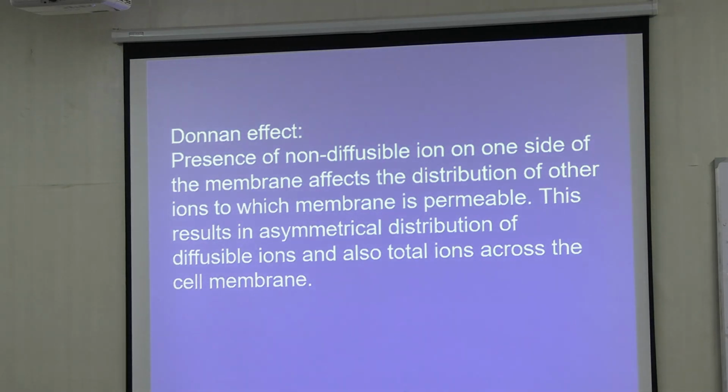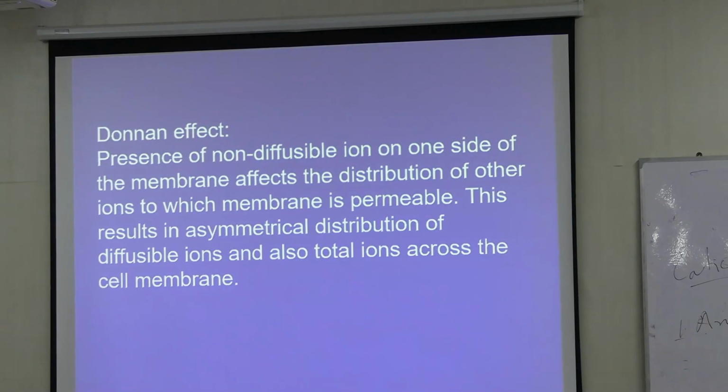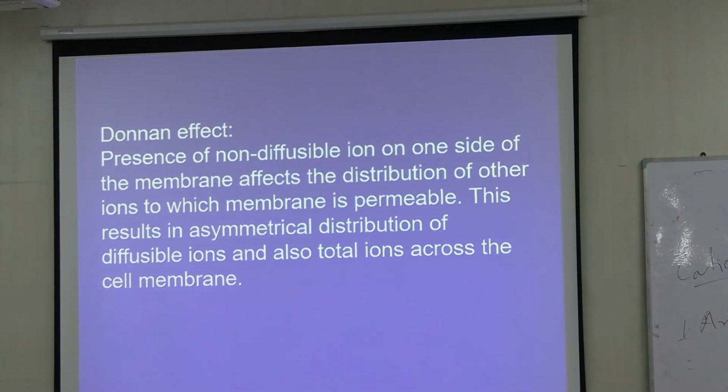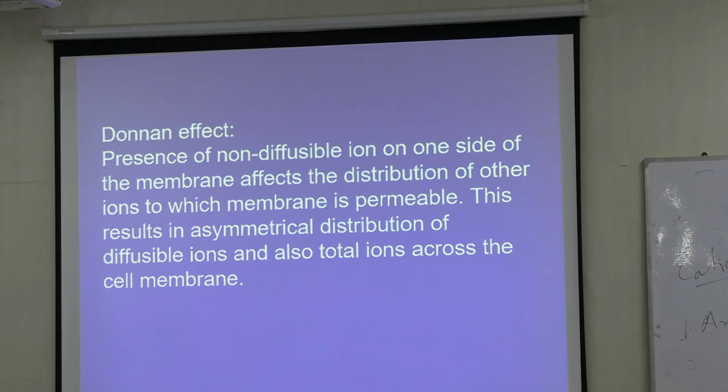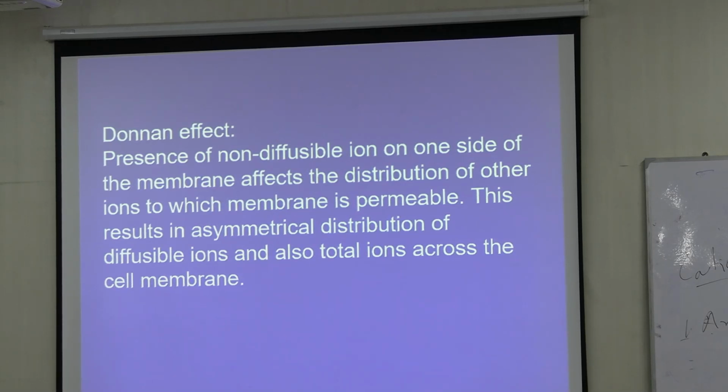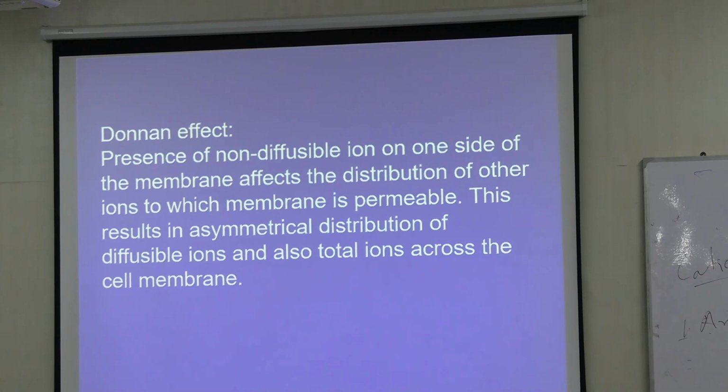Presence of non-diffusible ion on one side of the membrane affects the distribution of other ions to which the membrane is permeable. So only this will affect the permeable ions. It happens in case of cations, and it also happens in case of anions.